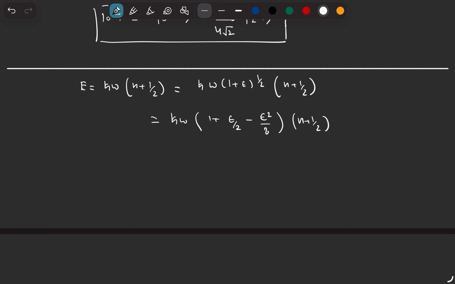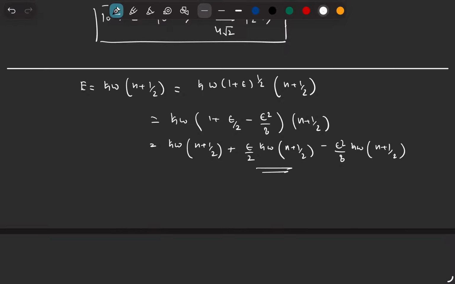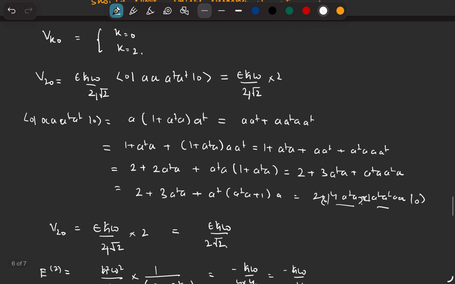Okay, so this is h bar omega n plus 1 by 2 plus epsilon by 2 h bar omega n plus 1 by 2, and there is minus of epsilon square by 8 h bar omega n plus 1 by 2. Okay, so if you plug n equal to 0, you would get the same energy contribution as we discussed.